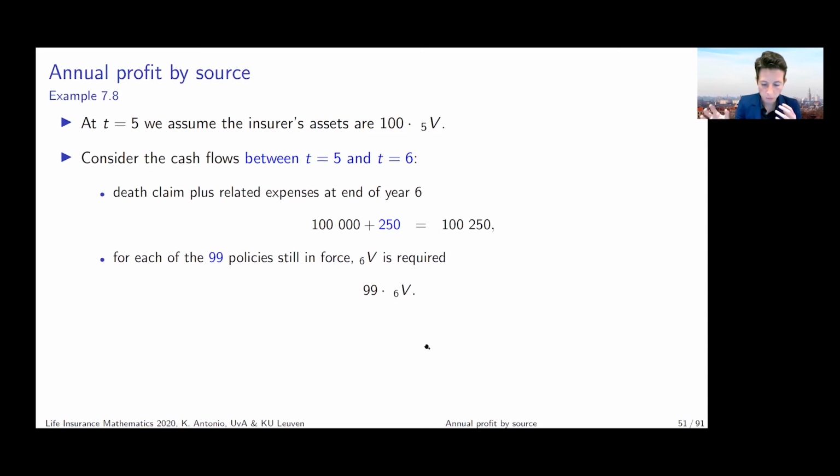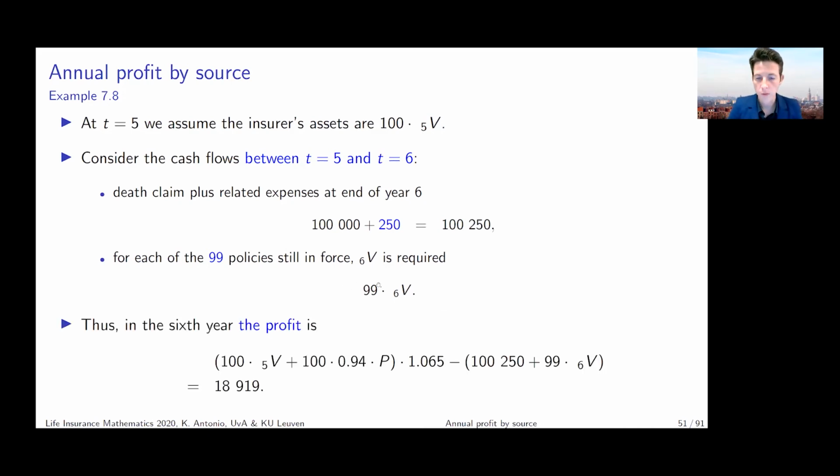So how can we now reflect upon the profit or the loss that we made throughout the 6th year of our contract, between time 5 and time 6? We're going to look at the capital that we build up at time 6, and subtract what we need in terms of the death claims and expenses that were paid, and in terms of the policy values, the amount of capital that we need to hold at time 6.